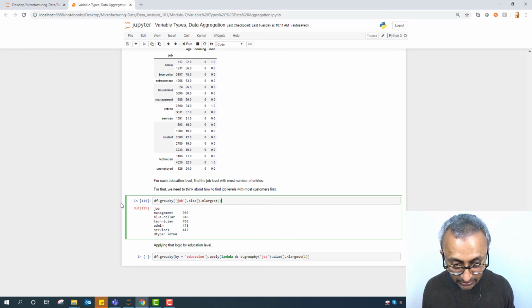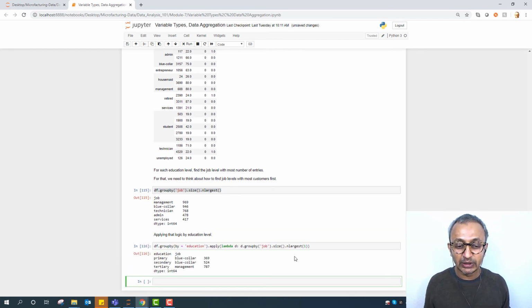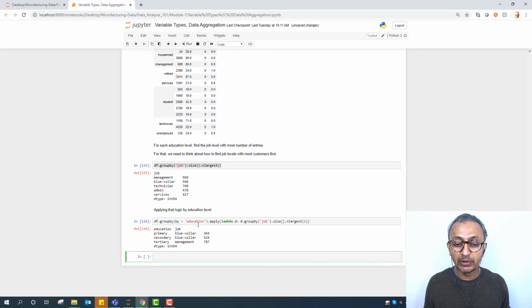Basically whatever you want to apply, it's two group bys. Here we are doing a group by within a group by, because we want to split by two different levels: one is by education and then by job level. That's where we will typically use an apply function.